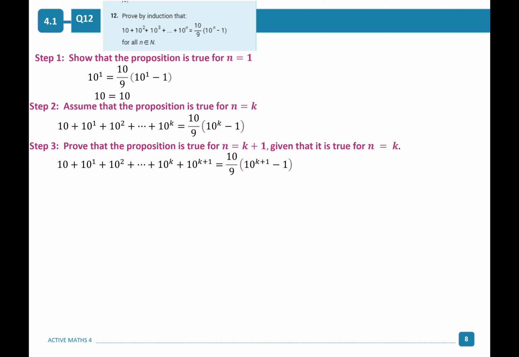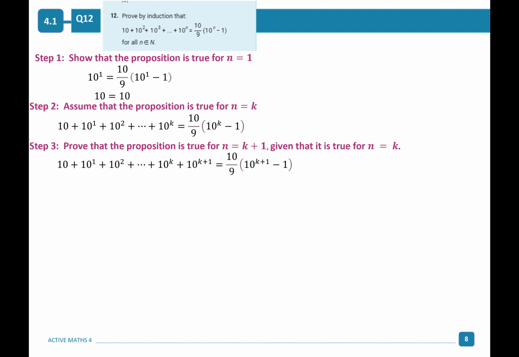That is, we want to prove that 10 plus 10 to the power of 1 plus 10 squared plus up to 10 to the power of k plus 10 to the power of k plus 1, the term after k, adding all of these values together, will give us the same thing as 10 over 9 times 10 to the power of k plus 1 minus 1. Okay, so that's what we're trying to prove.